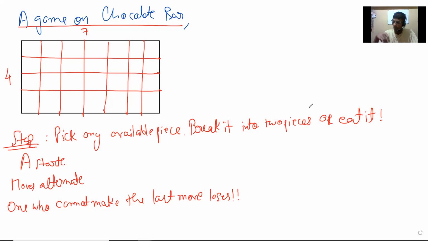Yeah, that is certain, right? In the beginning, A can just eat this whole chocolate, and then he wins.